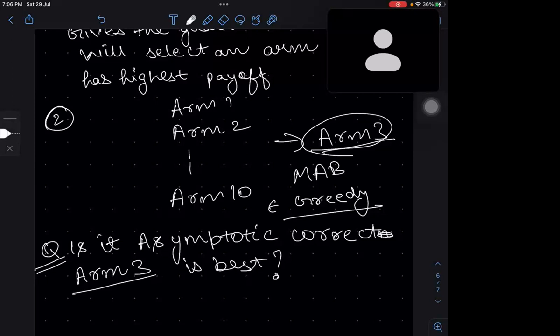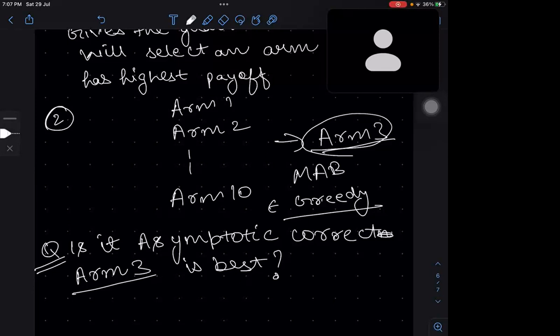Yes, madam, provided we do it many times and then conclude that arm 3 is correct, then we can say it is asymptotically correct. Okay, anyone? Maybe we can give a probability, that with this probability it is asymptotically correct. What do you mean by giving the probability?